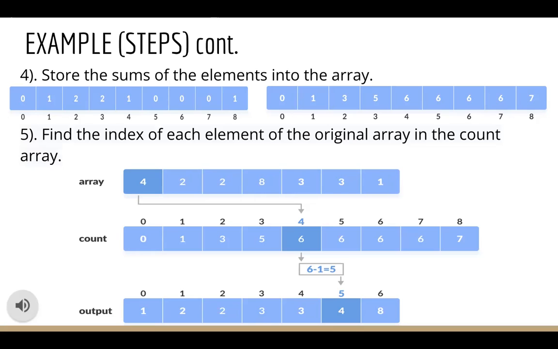So if we go first, 0 plus 1 is 1, then 1 plus 2 is 3, and then 3 plus 2 is 5, and 5 plus 1 is 6, and 6 plus 0 is 6, and then do 6 for 5, 6, and 7, and then 6 plus 1 is 7.